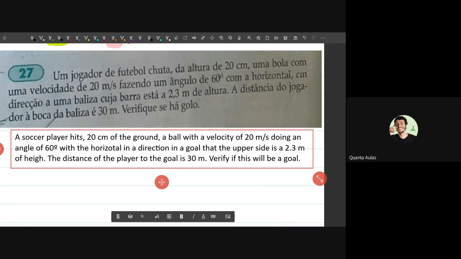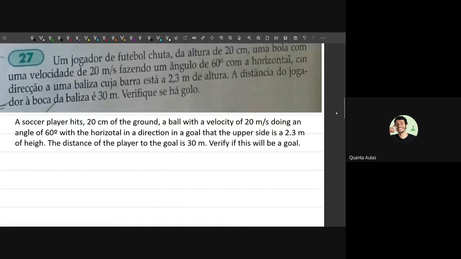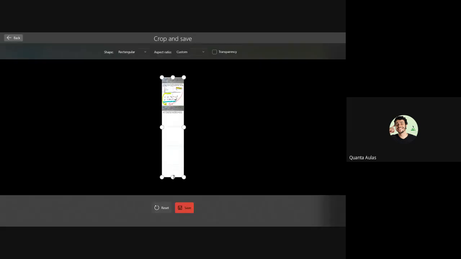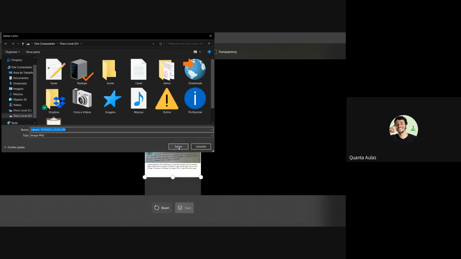Let me see. We need to draw this again, okay? You need to draw this again, but I will draw this time. I will send this to you. The drawing will be very similar to the last question, very similar.